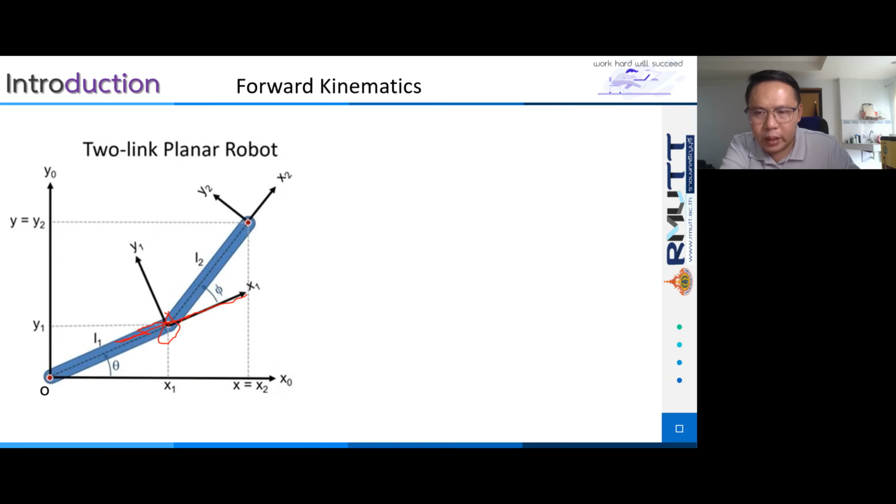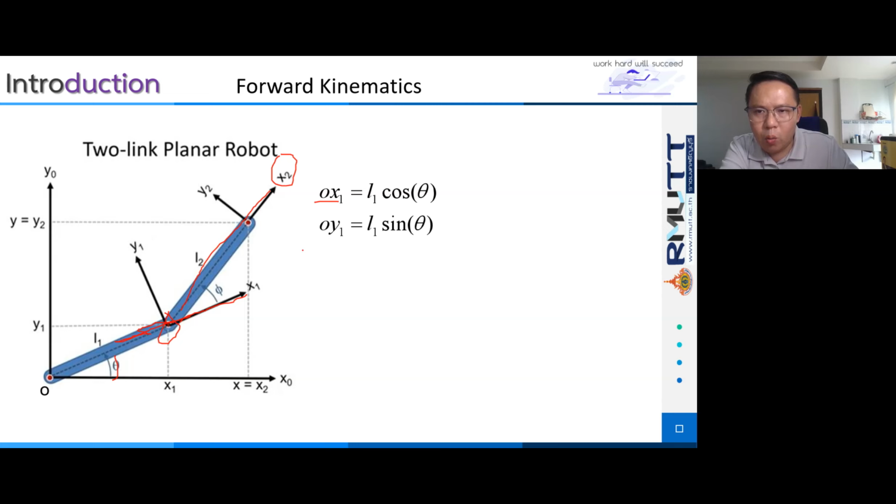The x2 axis is in line with the second link. Now, we can see the first link is at an angle theta to the x-axis. So the OX1 equals L1 times cosine theta.